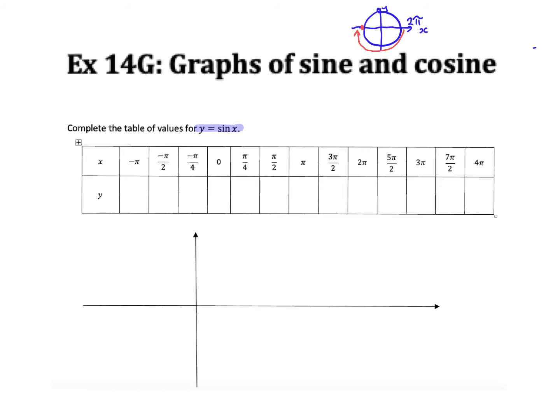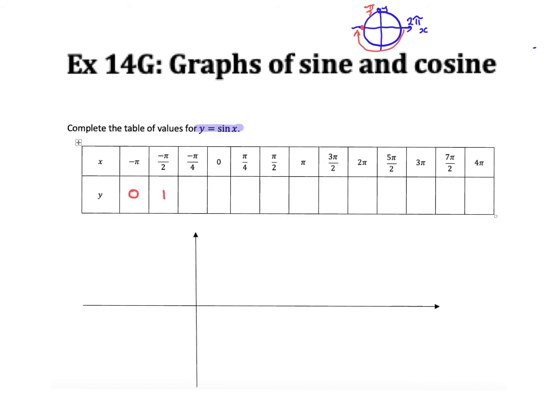Yeah, good. If we keep going backwards, if we're at negative pi on 2, what value would it be for sine? 1. Yeah, good. And what about negative pi on 4?